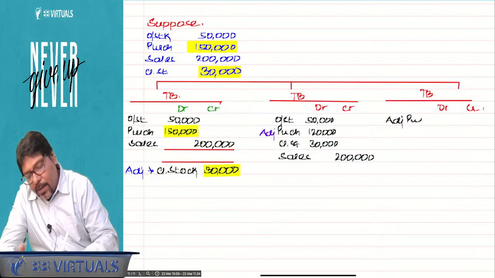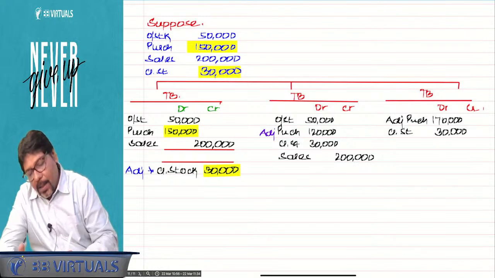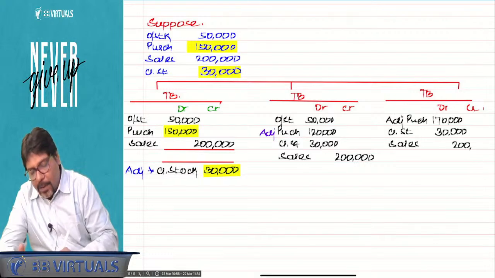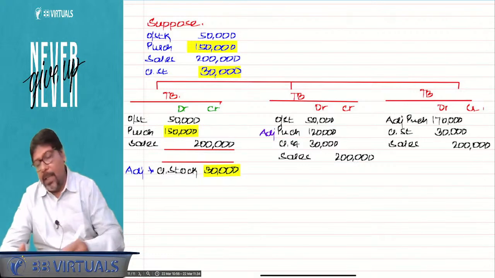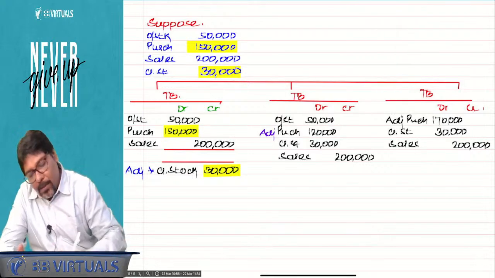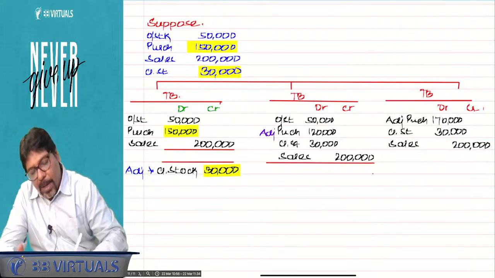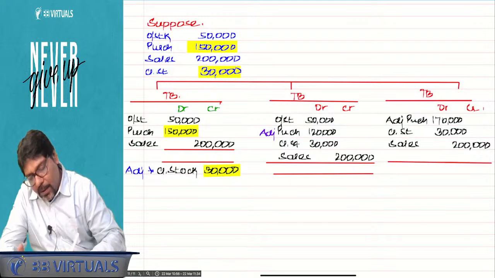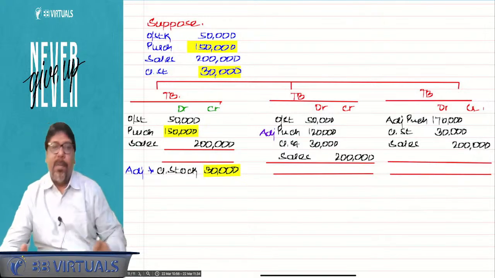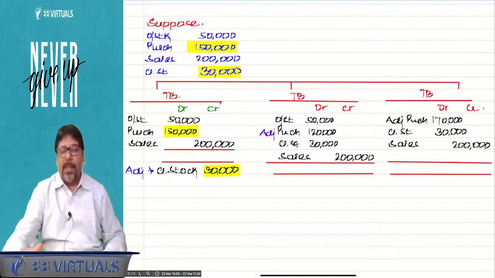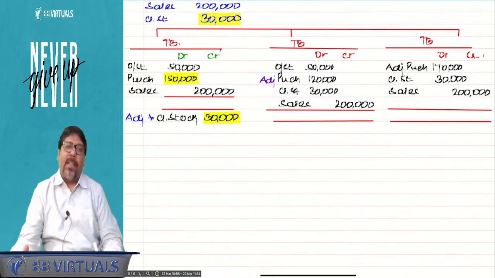Adjusted purchase 1,70,000. Closing stock 30. Sales 2 lakhs. Now my wonderful chartered accountant, brightest future of this country, tell me one thing. What is the difference you observed in the second trial balance and the third trial balance?